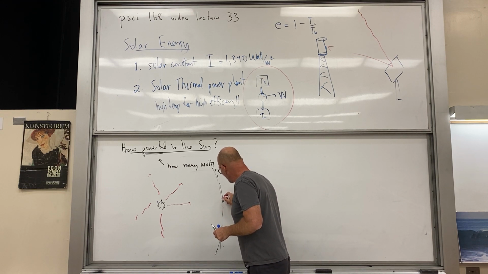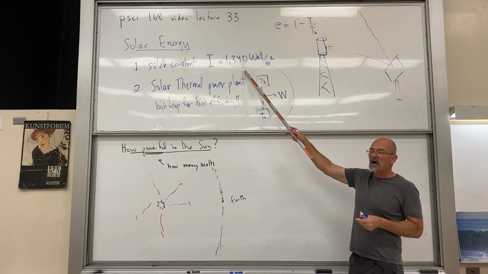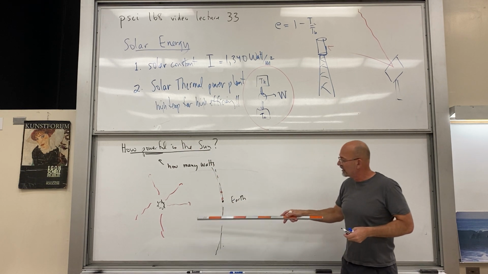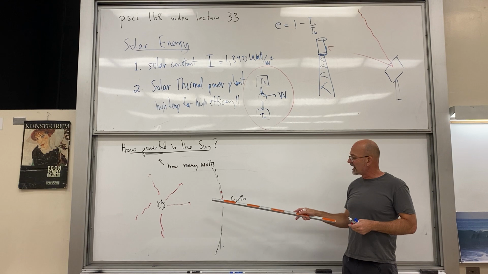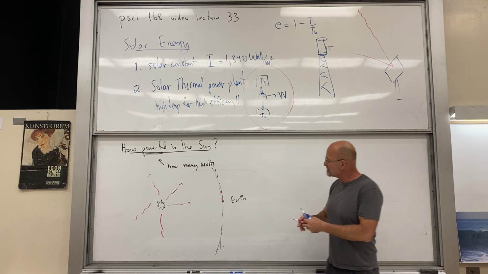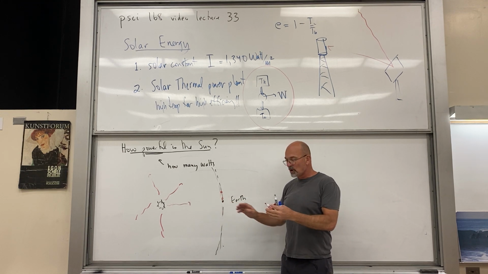So any square meter out here, 1,340 watts. How many square meters are surrounding the Earth at the distance of the Earth's radius? Imagine a sphere of the radius of our Earth-Sun orbit.